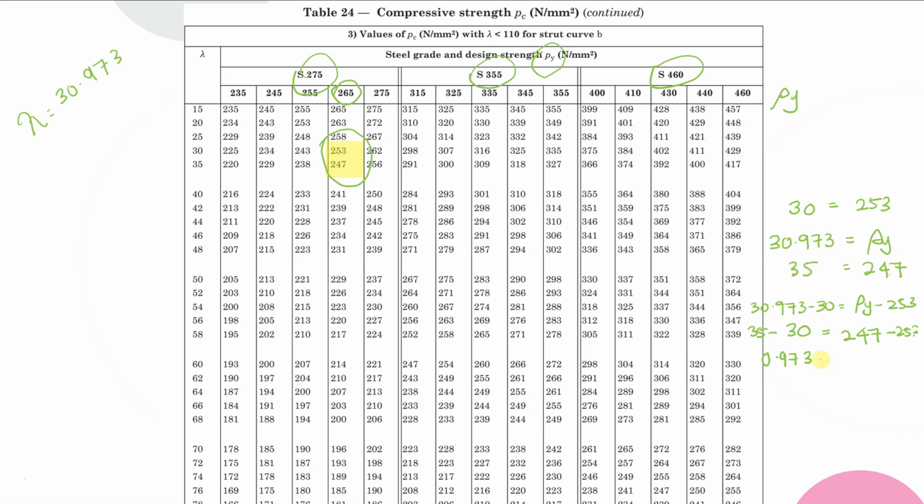That is one of the reason lah. Okay, so I simplifykan this one. 253, sorry. Okay, 247 minus 253 is negative 6.